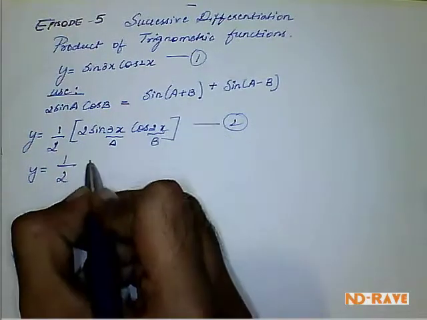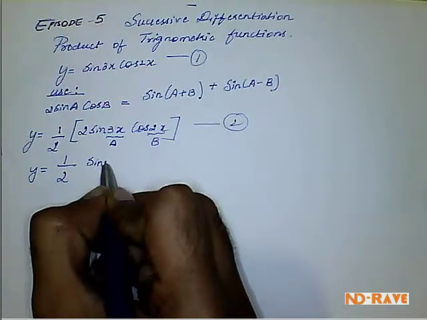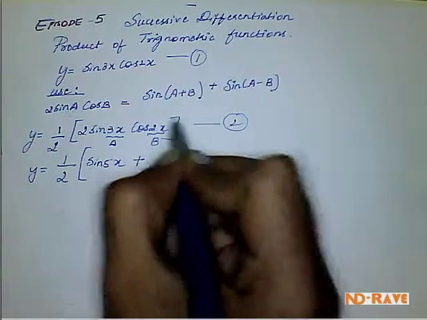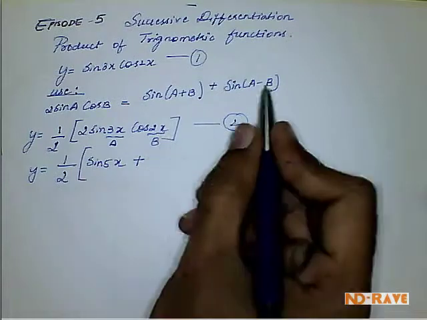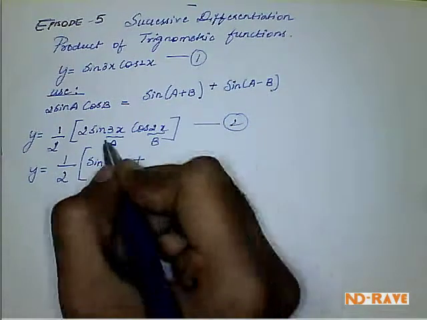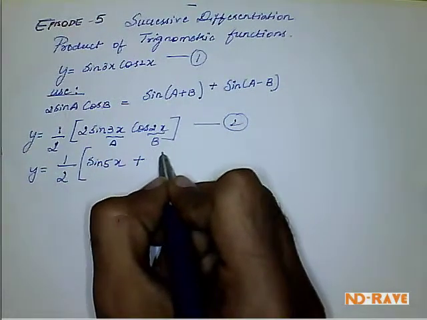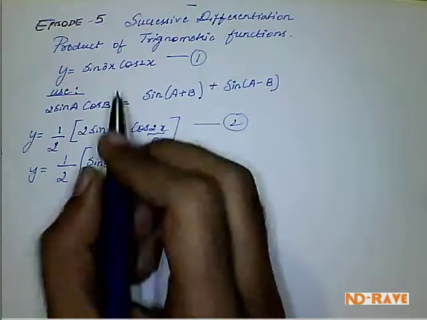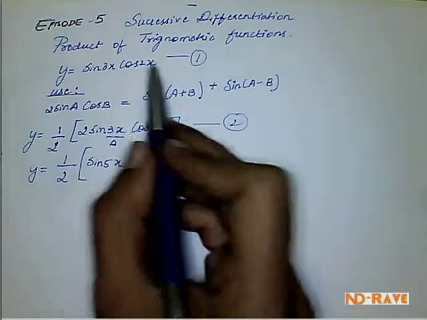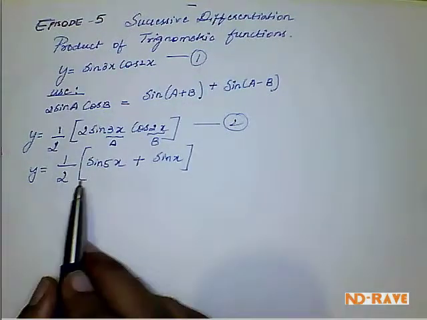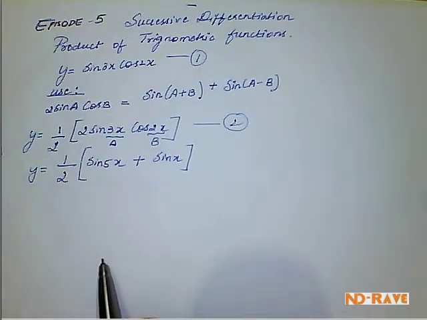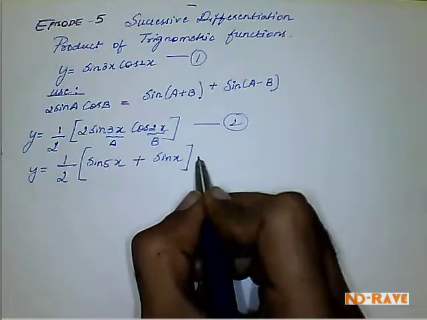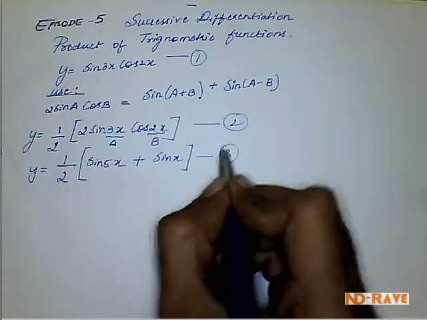So sine a plus b is sine 5x, plus a minus b, that is 3x minus 2x, which gives you x. So sine x. Instead of using the product rule over here, I have simply reduced this product function into a sum of two functions, which is even easier. I'll mark this as equation 3.